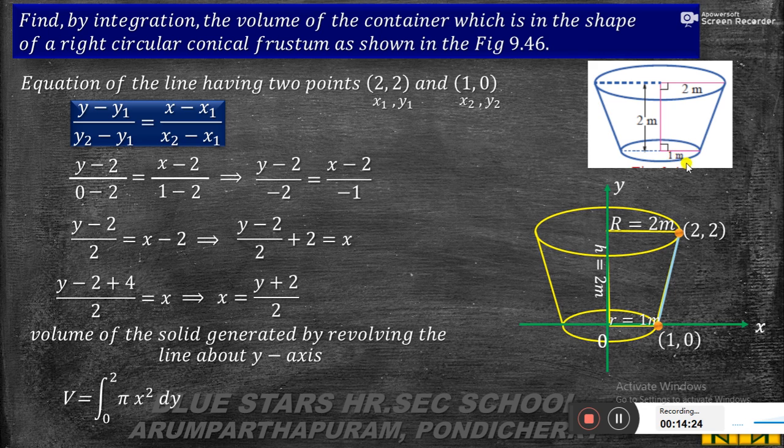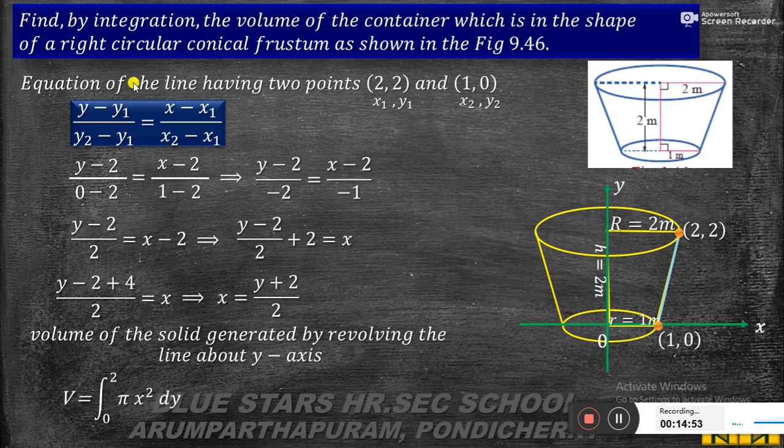Above, the circle has radius 2 meter. Now you see the next diagram: the height of the container is 2 meter, the length above is 2 meter, and below, the lower circle radius is 1 meter.